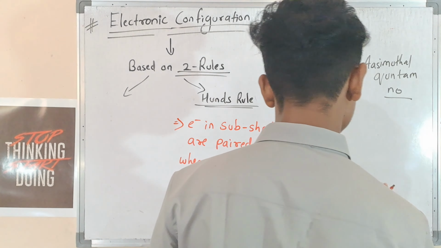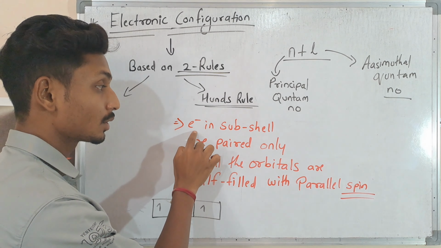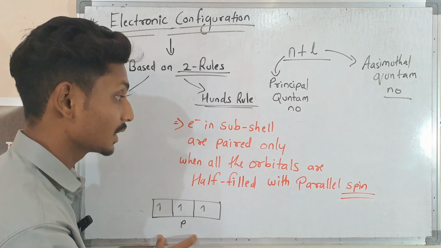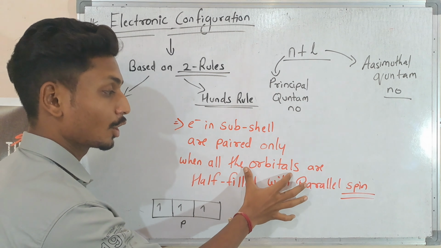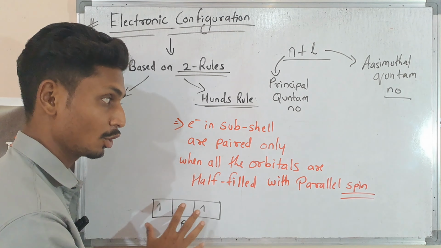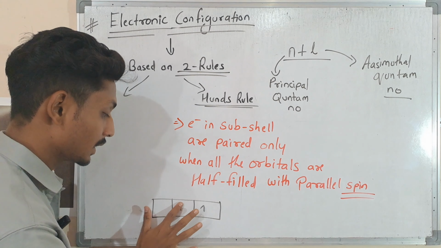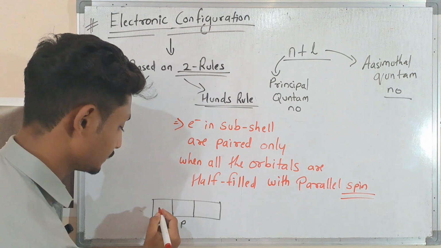Electrons will get paired in a subshell only when all the orbitals, all three orbitals, are half filled with a parallel spin, like this, not like this.